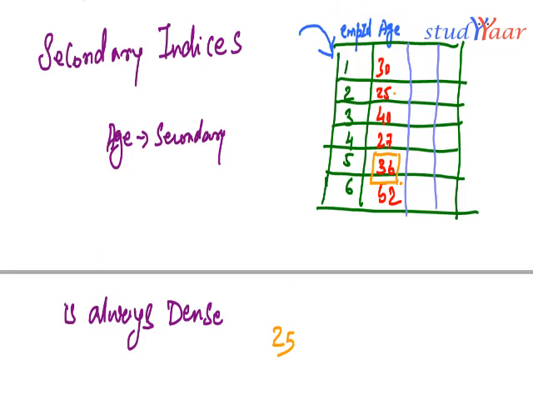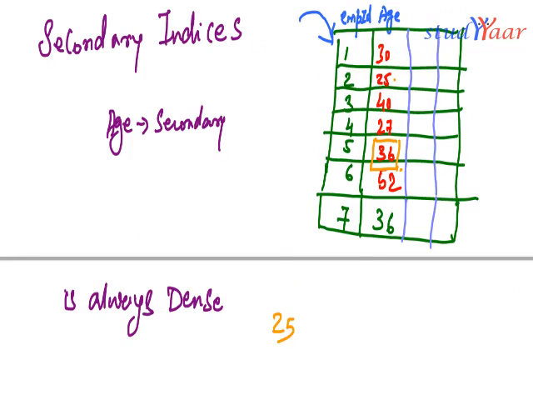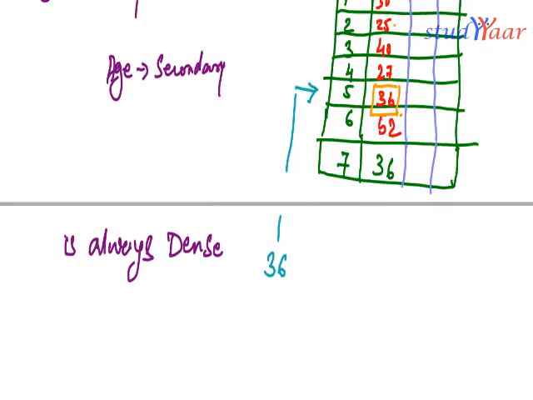And other thing is, let's suppose I have another person whose age is 36. Okay, so even now if I have an index record with 36 search value which points to this guy, I won't be able to find this guy who is also 36, right? Because these are not arranged with respect to age.